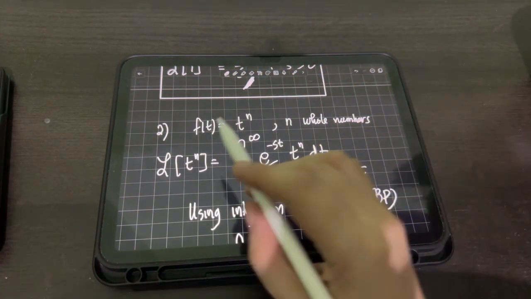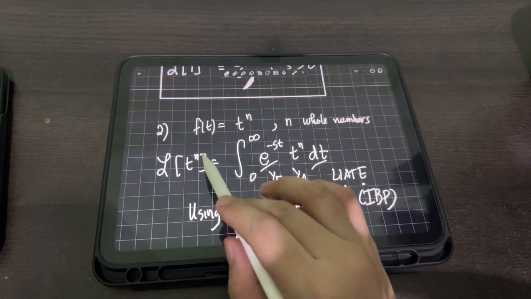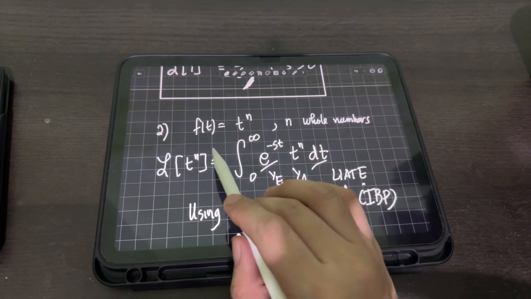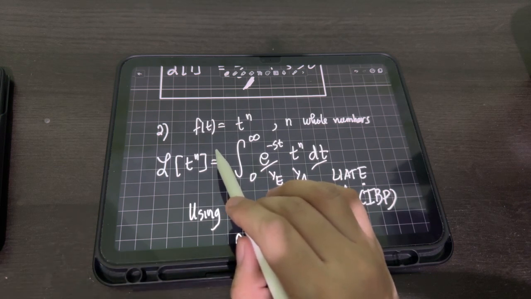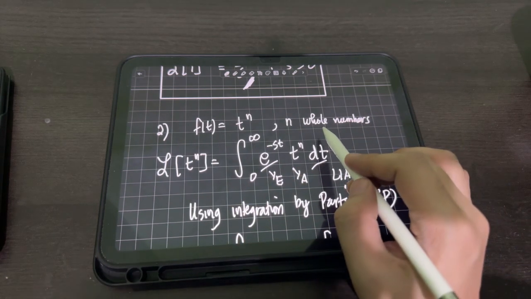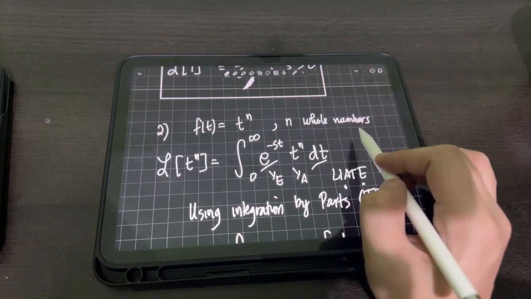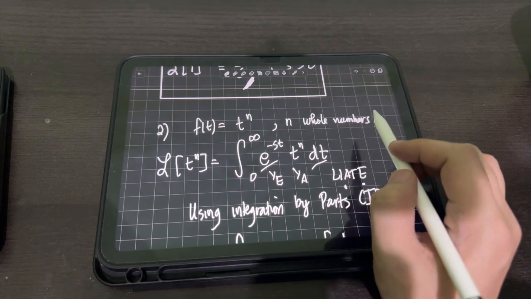So there is a more generalized formula for the Laplace transform of t to the n if n is any real number greater than negative 1, meaning it doesn't necessarily have to be whole numbers only, it can be a fraction or decimal. That's with the use of the gamma function.